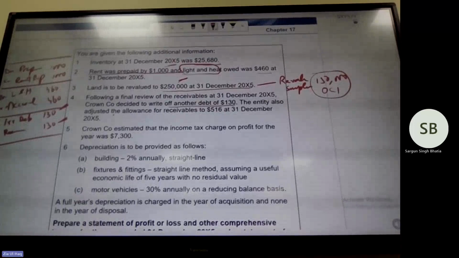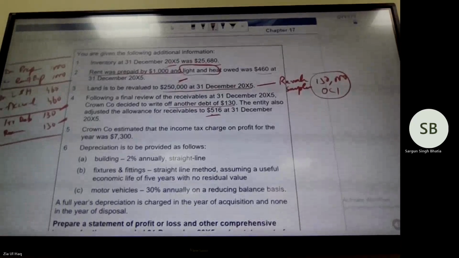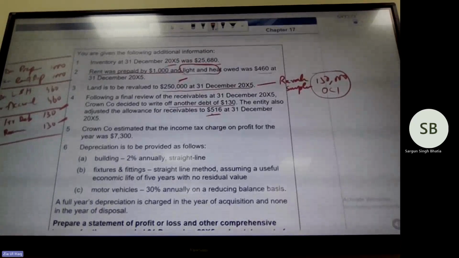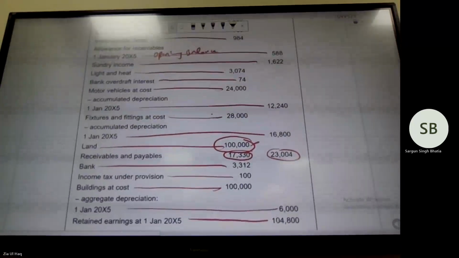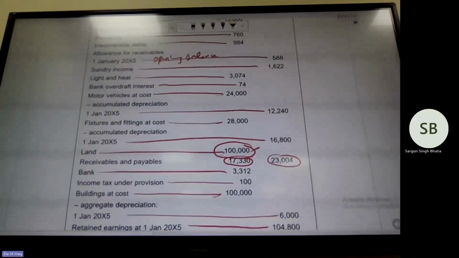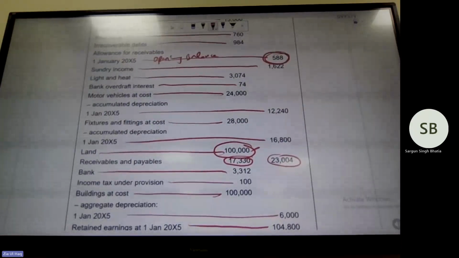And the entity also adjusted the allowance for receivables to 516. What was the opening balance of the allowance for receivables? The opening balance was 588.